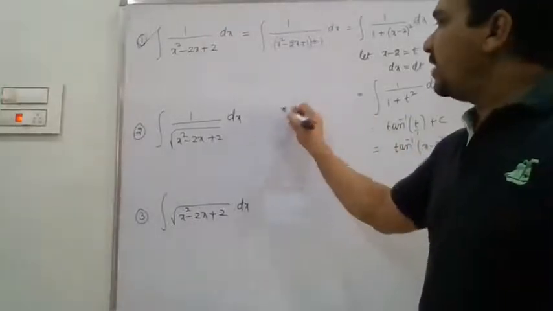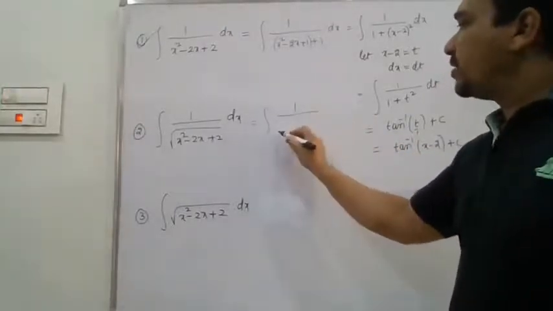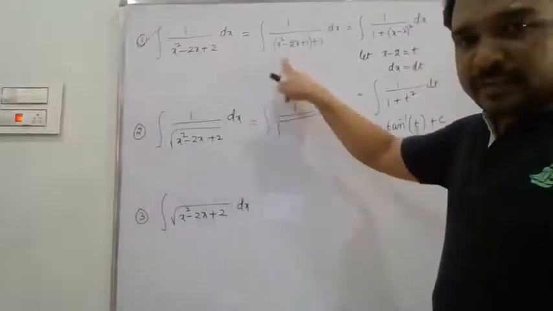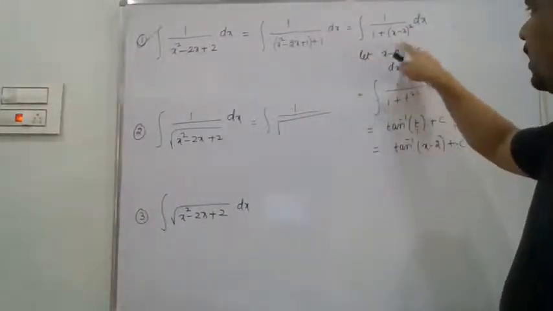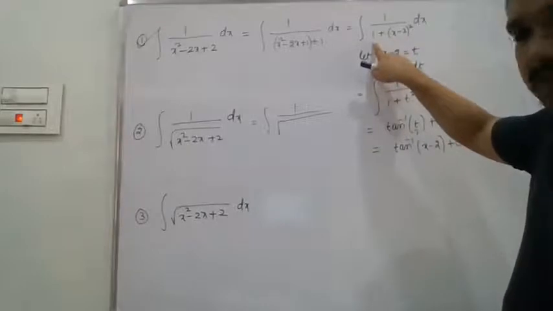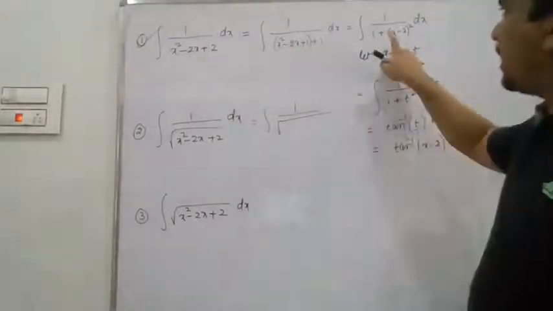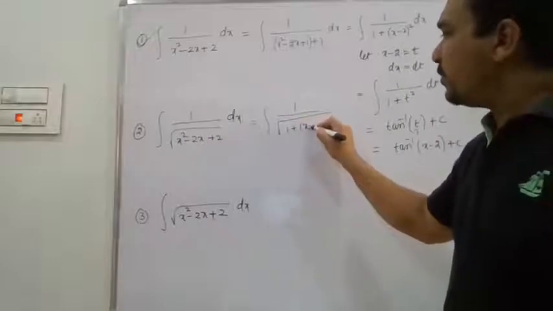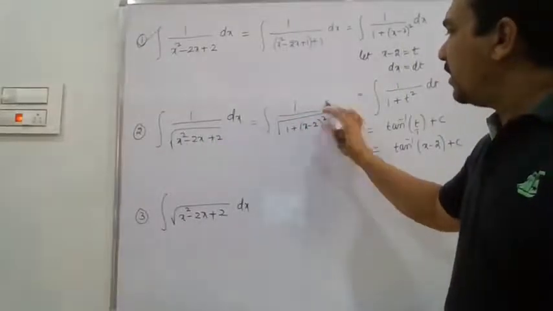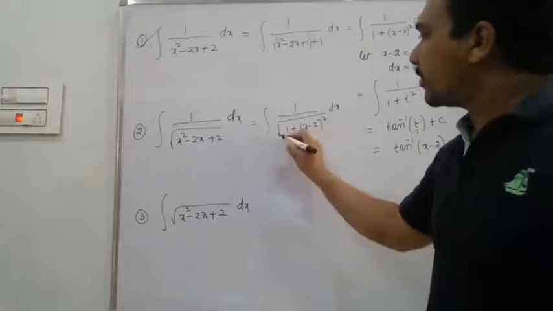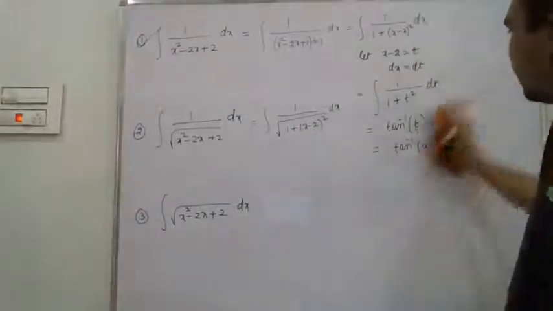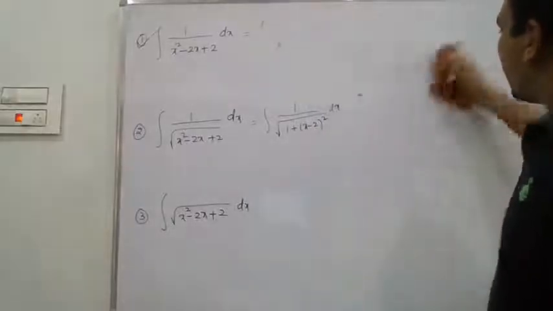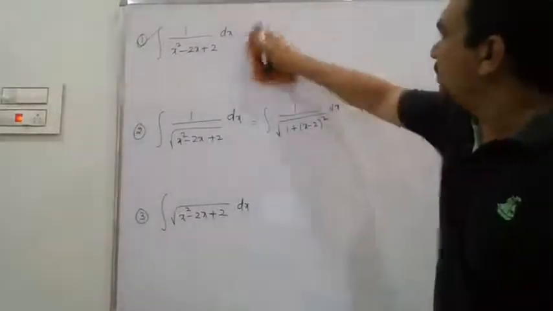This can be written as integration of 1 by square root of x square minus 2x plus 1, which can be written as a perfect square plus a constant. So instead of this, I'm writing 1 plus x minus 2 whole square dx. Clear? Any doubt in this? Now, after writing this, is there any formula directly depending on this?